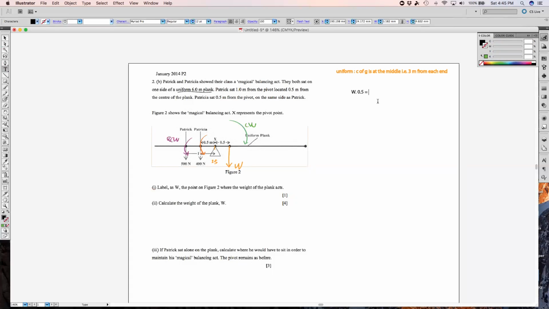There are 2 of that. First of all, you have Patricia's weight of 400 multiplied by 0.5. We have to add that to Patrick's moment, which is 500 multiplied by 1.0, because he is 1.0 meter away.